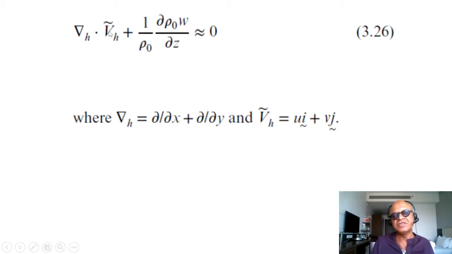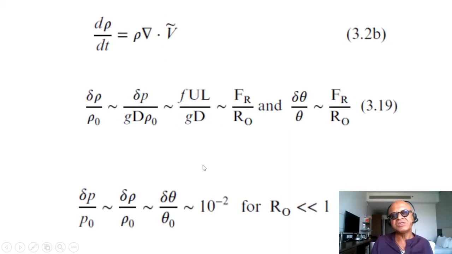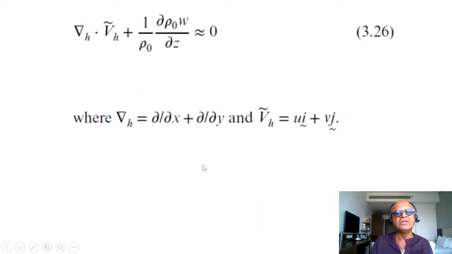In that case, the approximations can be used in the continuity equation to write. Remember, we had d rho dt plus 1 over rho divergence of the horizontal flow field. Then the d rho dt term becomes 1 over rho 0 d rho 0 w dz.